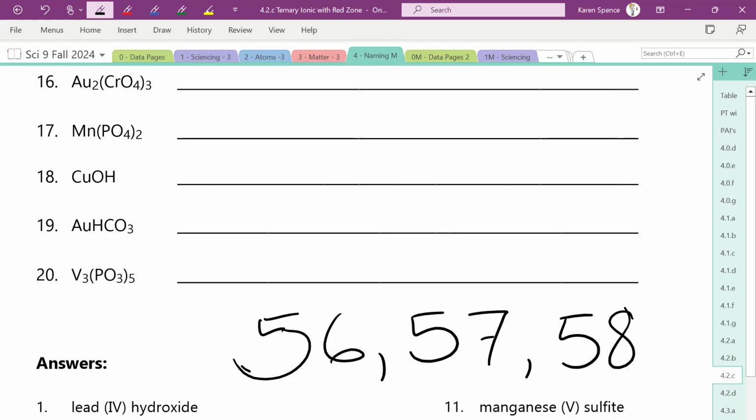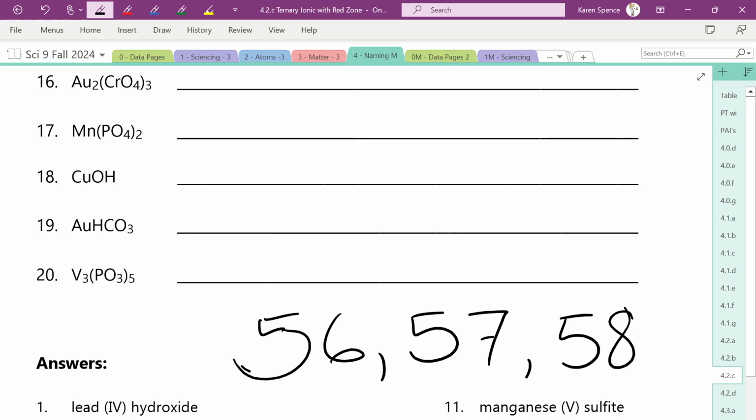All right, let's see how we did here. Potassium is not in the red zone. So it'll just be potassium hydroxide.